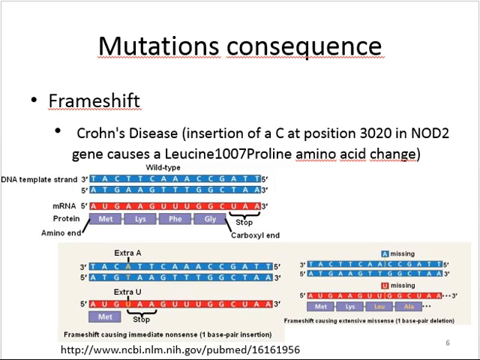This NOD2 gene has an additional C at the position of 3020, and it causes a change of the protein from leucine to proline at position 1007, and then all the sequence is changed, and this is caused by an insertion.